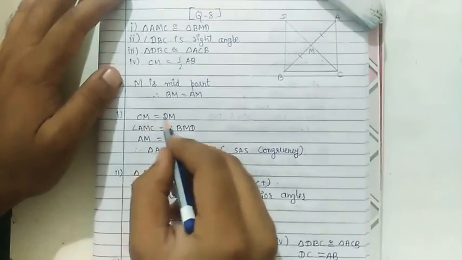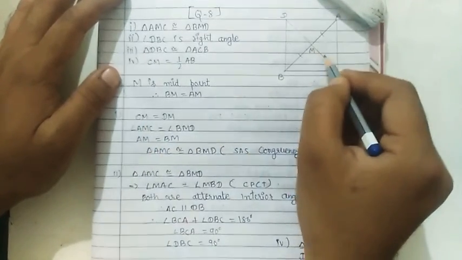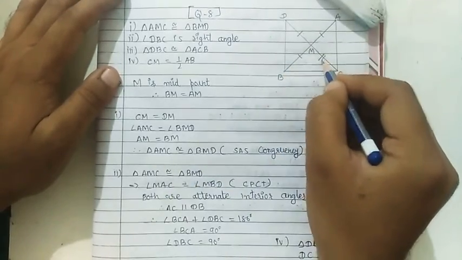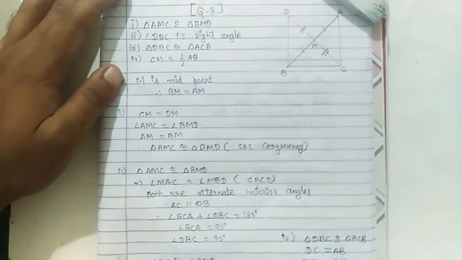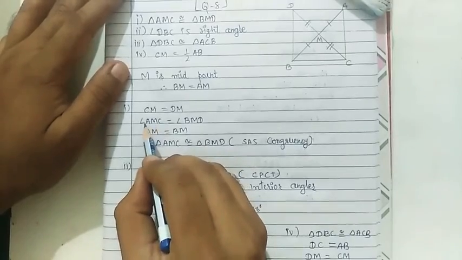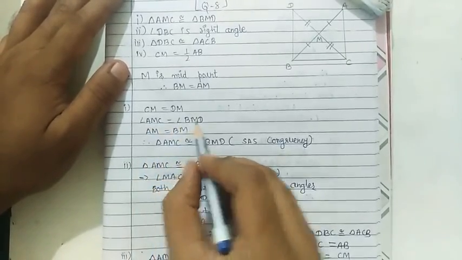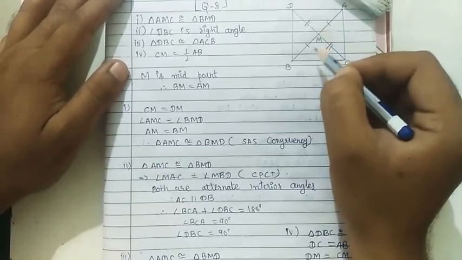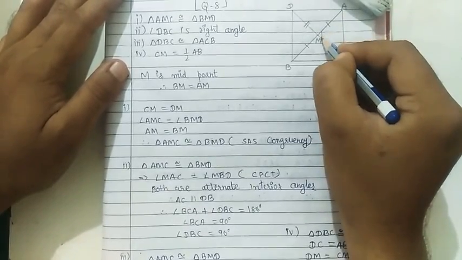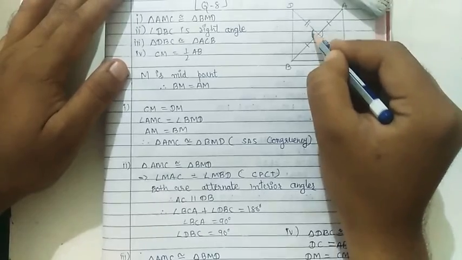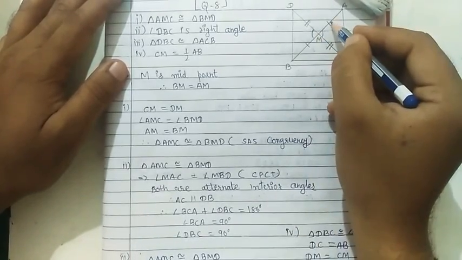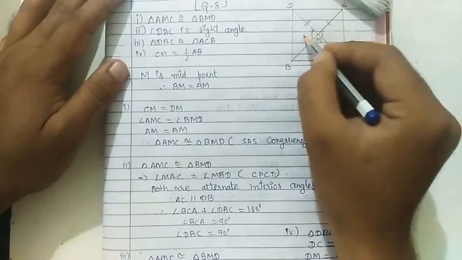Now CM is equal to DM. Angle AMC is equal to angle BMD, since these both angles are same. Why? Vertically opposite angles, so we can say that according to side angle side congruency, these two triangles are same.